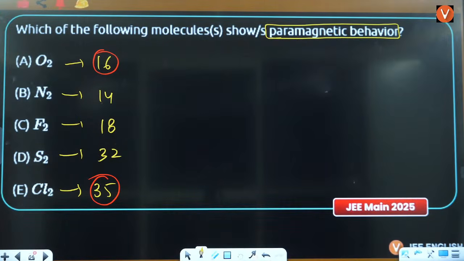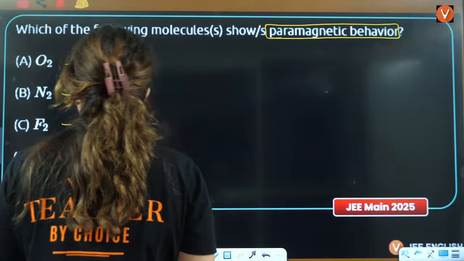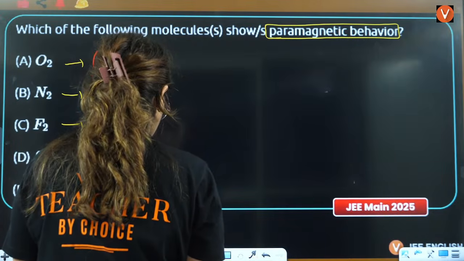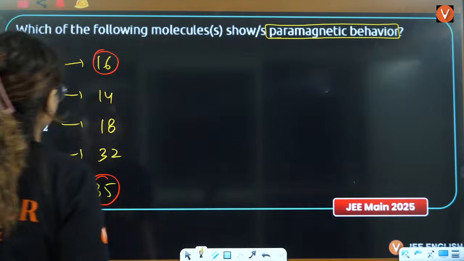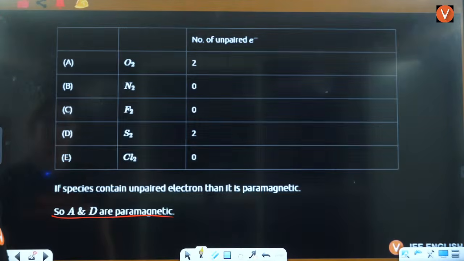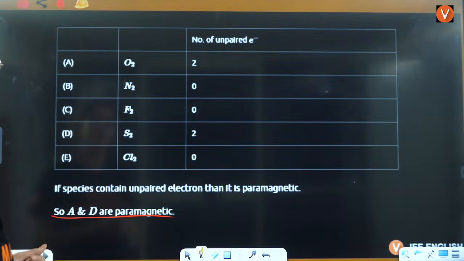According to the trick, the answer should be A and E. Unpaired electron is paramagnetic, O2 is paramagnetic, and S2 is paramagnetic.